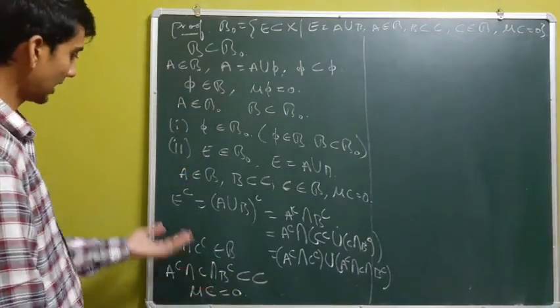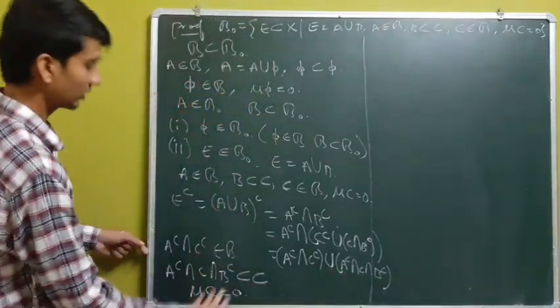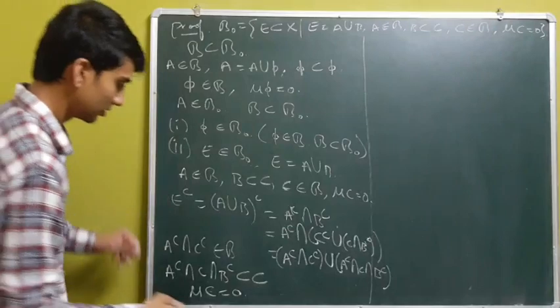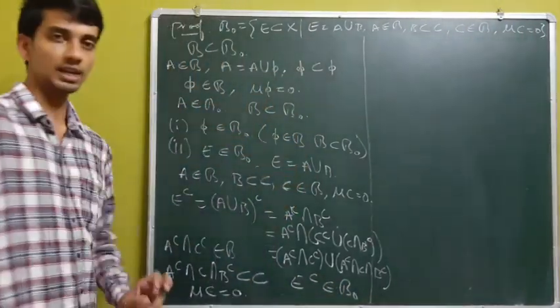So I am able to express E complement as a union of two sets satisfying all the criteria of a set to be a member of B naught. So I have E complement as a member of B naught.